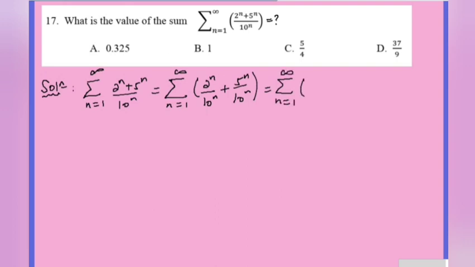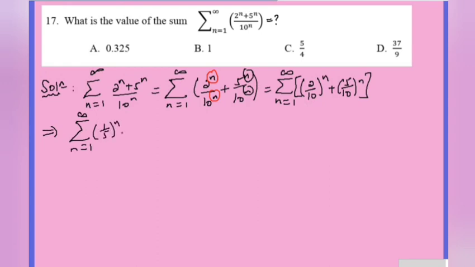Here n is common, so it's possible to write 2 over 10, the whole to the power n, plus 5 over 10, the whole to the power n. Now 2 over 10 means 1 over 5, to the power of n, plus 1 over 2 to the power of n, since 5 over 10 means 1 over 2.